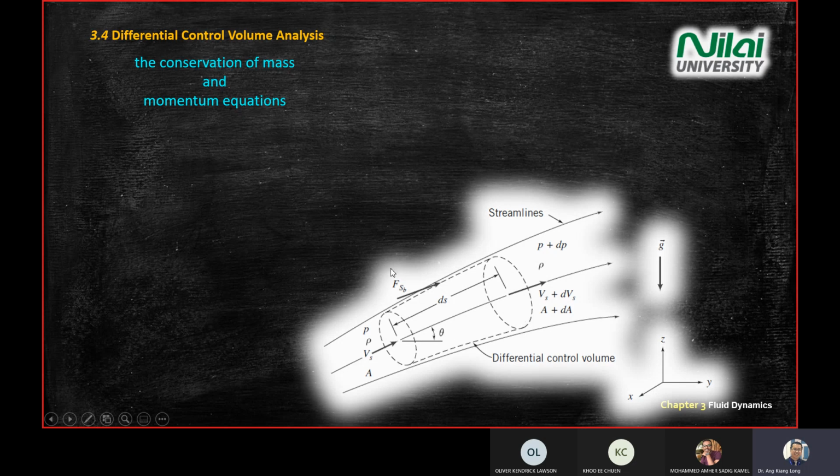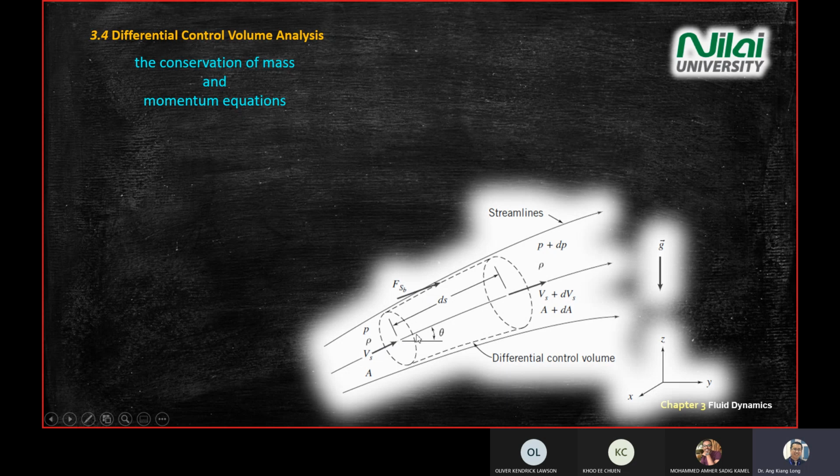Okay. In this case, we have a body force that our fluid interacts with the control volume, and there's an angle of theta over here. To measure this theta, you measure from the direction of the streamline at the center of your control volume, the axial axis.